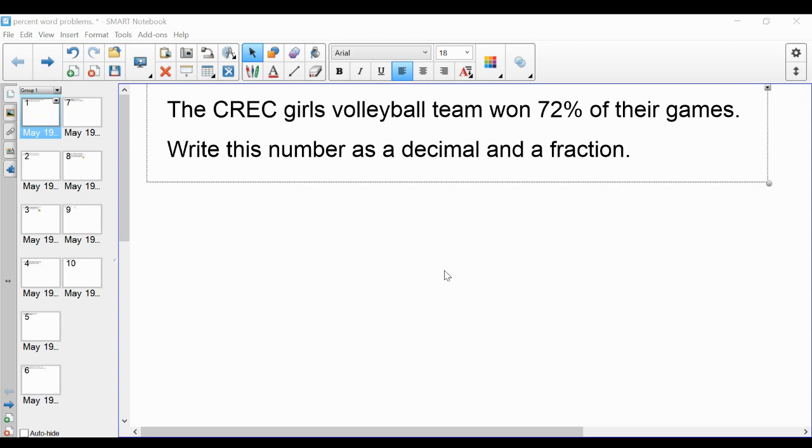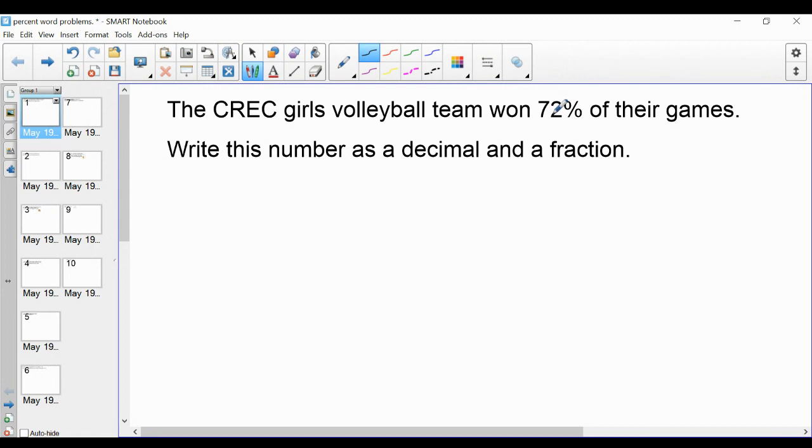The Creek girls volleyball team won 72% of their game. Write the number as a decimal and as a fraction. So we know that 72% is what we're focusing on. So we want to put it as a decimal. We know that 72%, because it's percent, is 72 over 100.